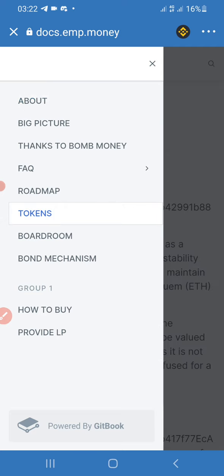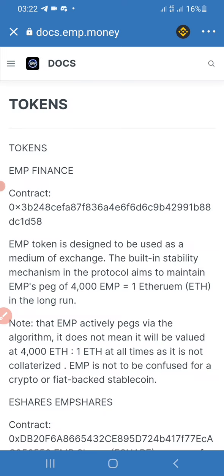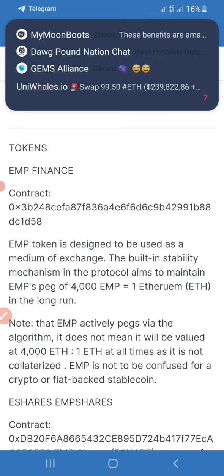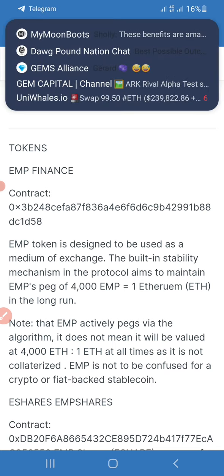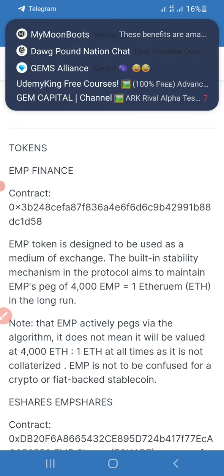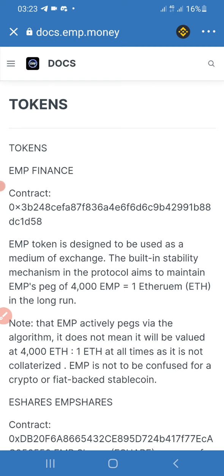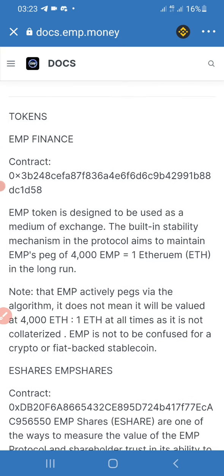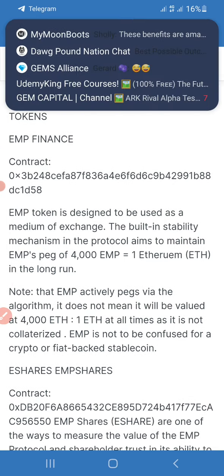The different tokens that exist. EMP token, I told you 4,000 EMP tokens equal 1 Ethereum. So we use that 4,000 equal to 1 Ethereum to call pegged, which means that any time the token is performing well, and the price of the token and the price of Ethereum is equal to 1, it means it is pegged.